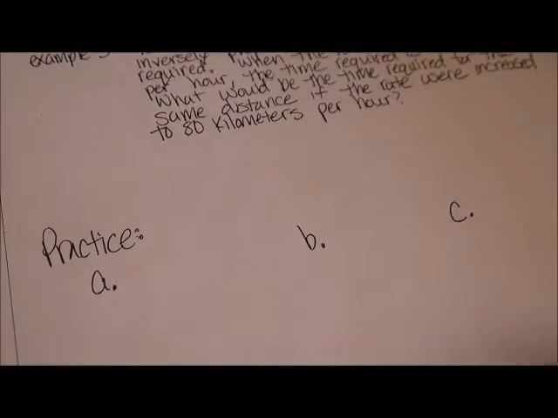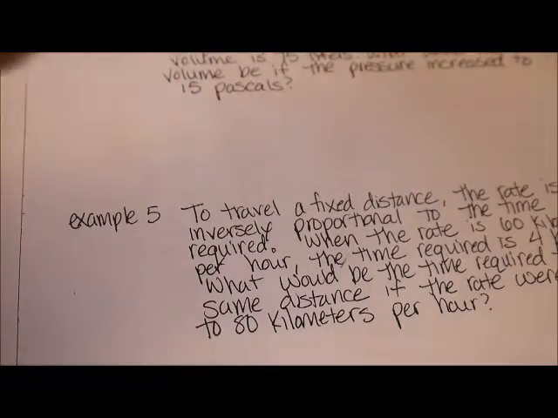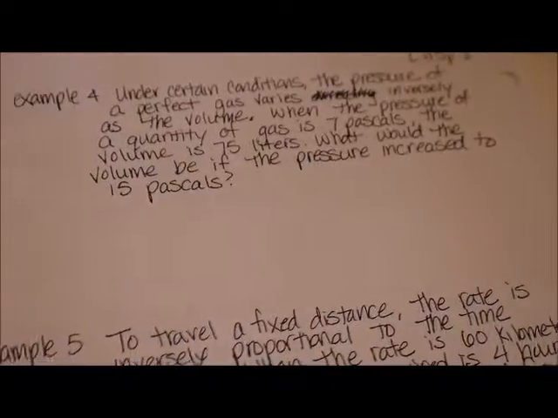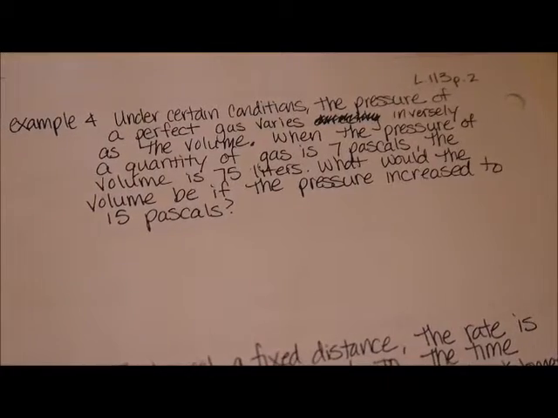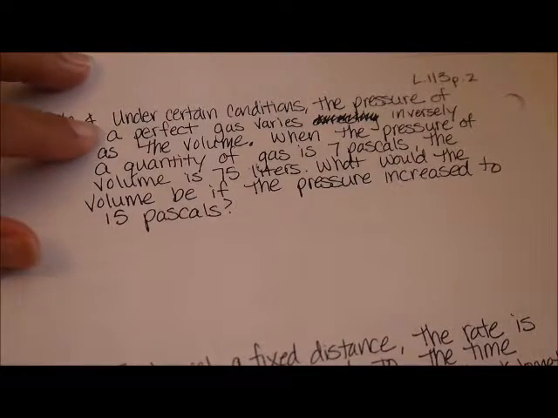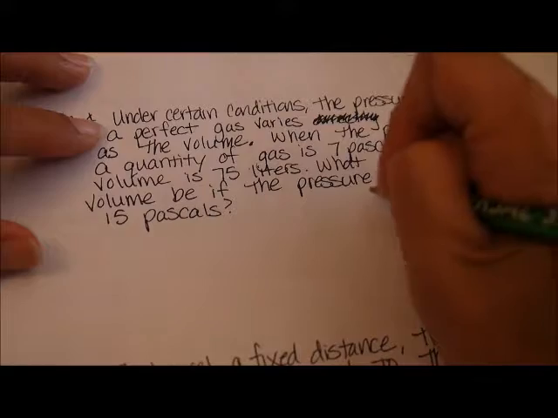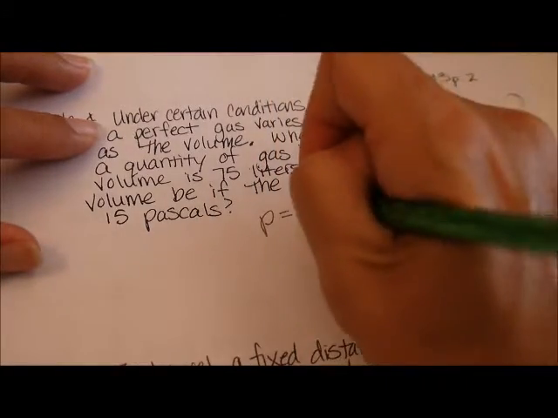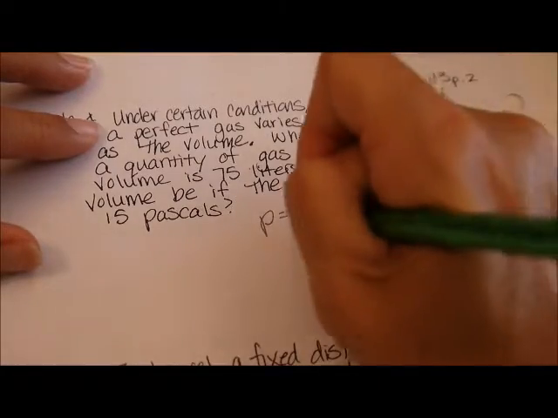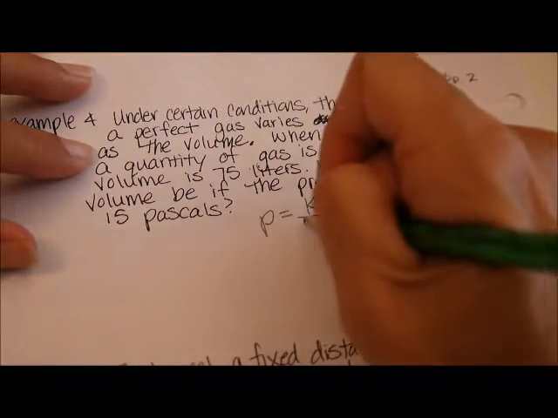We're going to use it. So now I'm going to go back to my notes. Like I said, we follow the same route as we did on the last one. It's just different. The equation looks like a fraction rather than a multiplication problem. Under certain conditions, the pressure of a perfect gas varies inversely as the volume.